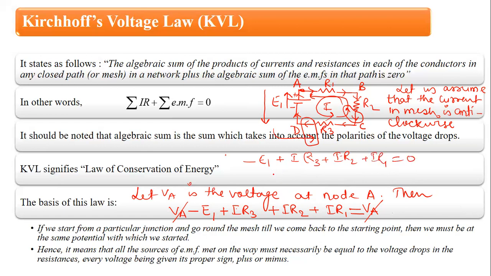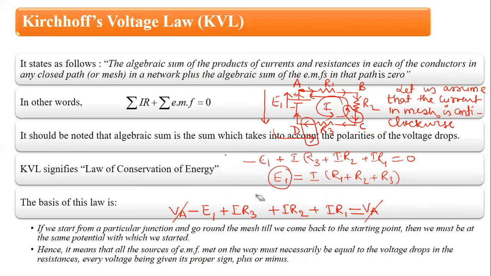So let us simplify this one. We get E1 is equal to I times R1 plus R2 plus R3. So what is this? This is the EMF connected to the electrical circuit, or source basically.